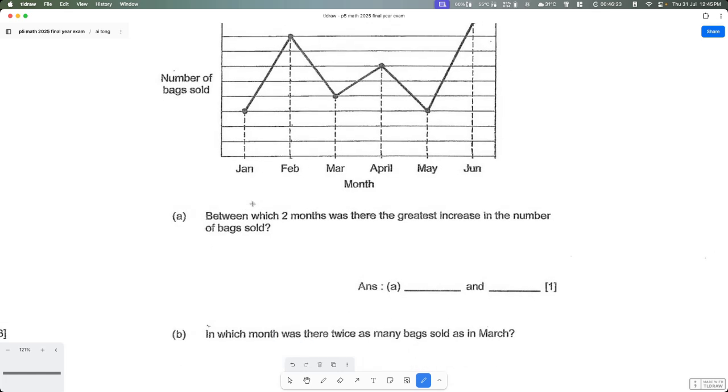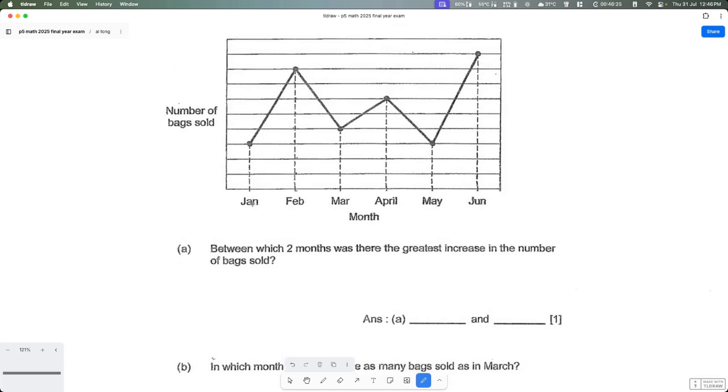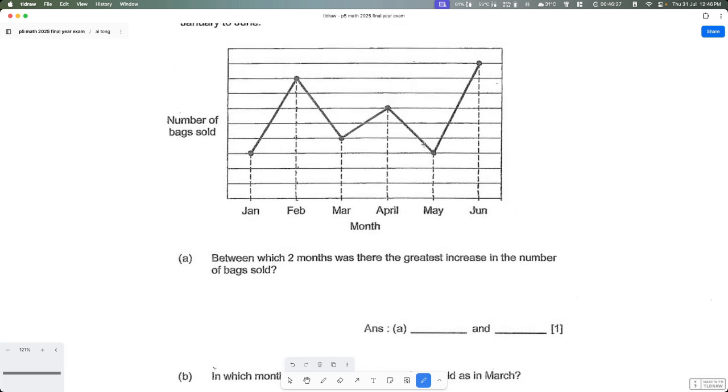Okay. So we want to know what's the greatest increase. I think from this observation, it's a very good guess that the answer is May, and also June in this case, right? Because of the steepest curve as what you see over here.